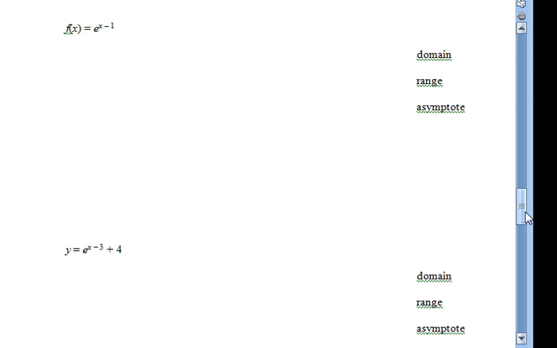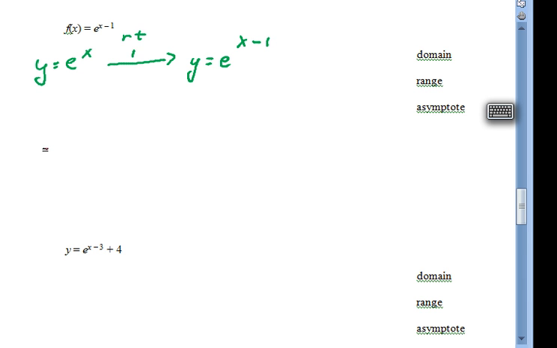The next one is a bit easier because it's f of x equals e to the x minus 1. So we start with y equals e to the x, and then we replace the x by x minus 1, so we'll go right 1.